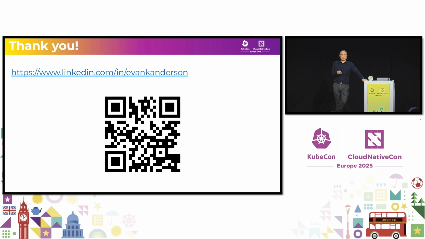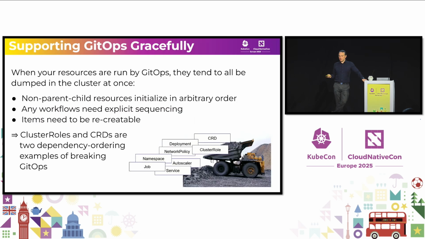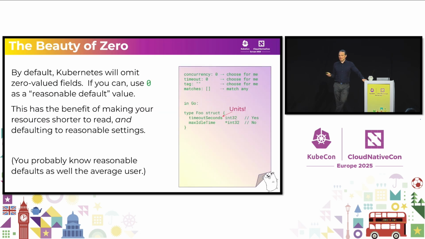If zero doesn't mean anything, I encourage you to think about what you could make it mean that's useful. If zero is a meaningful value, going back to that slide, the thing I said no to with a pointer, if you use the pointer, then you can distinguish between null and zero. And that's what you should do.